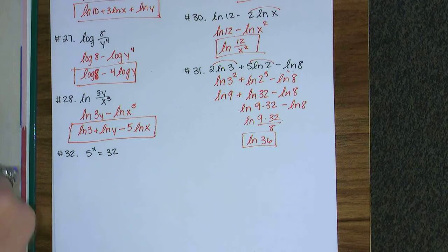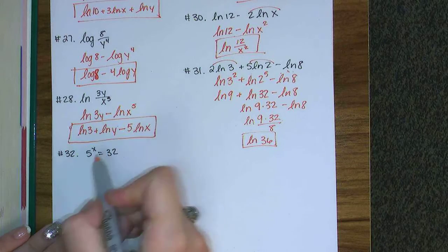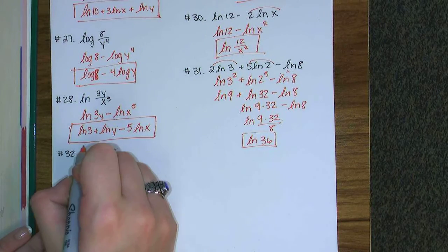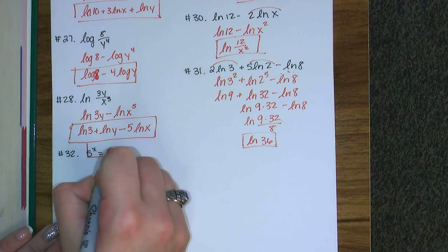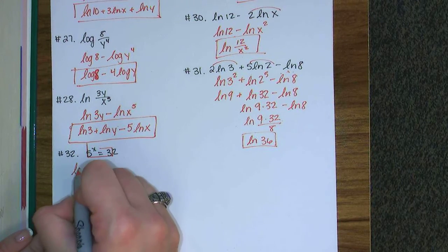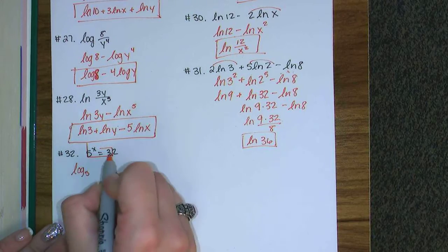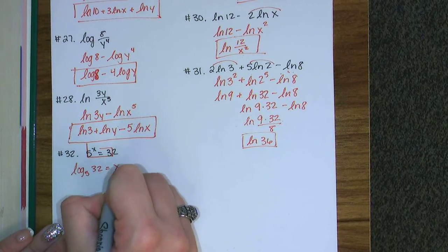Well, 5 raised to what is equal to 32? I don't know right off the top of my head, but I can rewrite this, going from exponential to log to solve it, so log base 5 of 32 is equal to x.